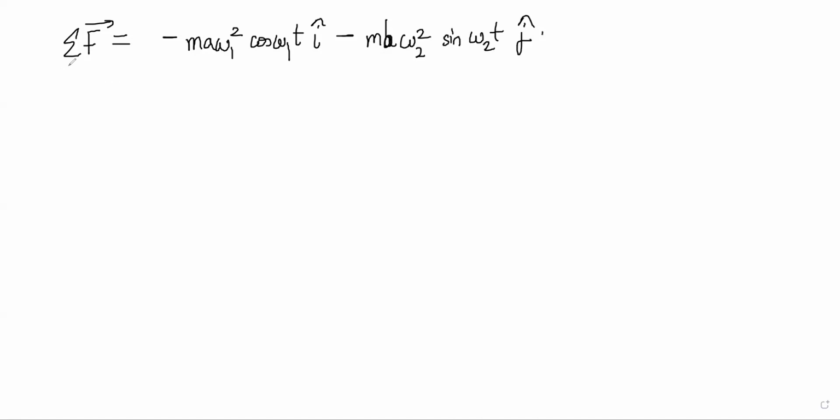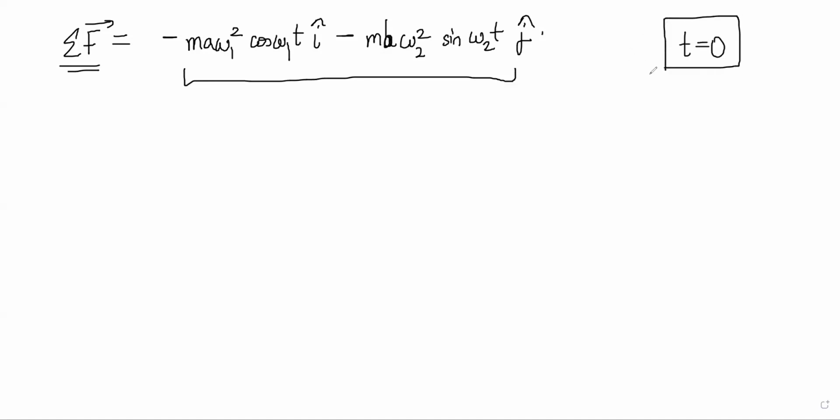So the net force on the particle will be minus m a omega 1 square cos omega 1 t i cap minus m b omega 2 square sine omega 2 t j cap. This is the net force acting on the particle. And now we need to figure out the force at time t is equal to 0, right? We wanted to find the force at time t is equal to 0.